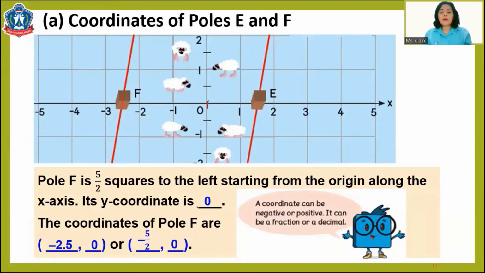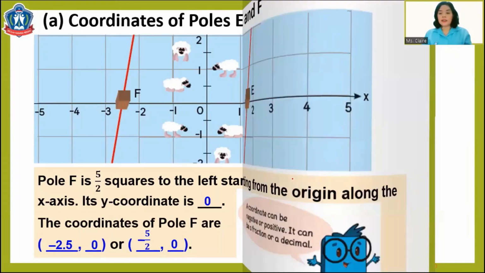So children, remember that a coordinate can be negative or positive. We can also use fractions or decimals. That's how to read the points in the grid.